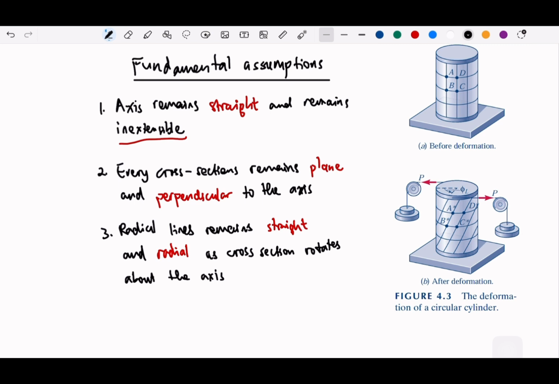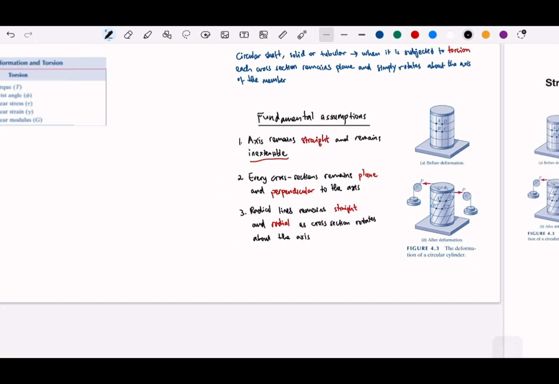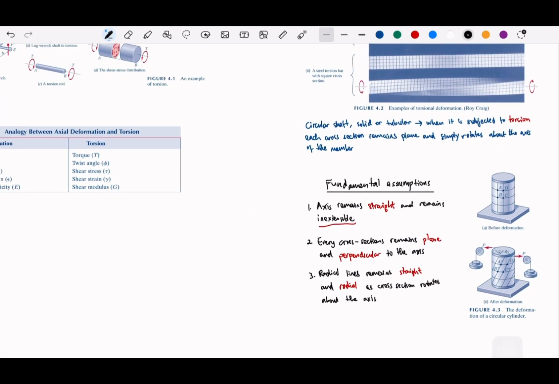Okay. Now let's get into the method or the equations that we can have. So we can start from the strain displacement equations.